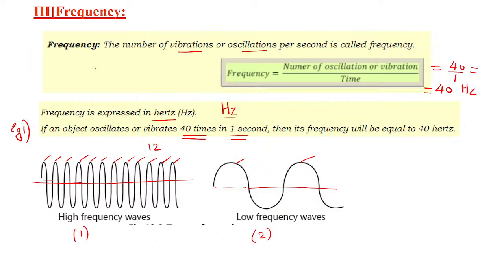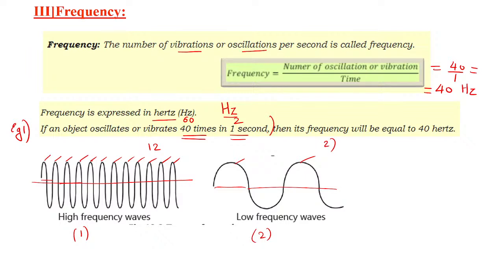Okay, let me give you another example. Let us change this number. If an object oscillates or vibrates 60 times in 2 seconds, now find out the frequency.